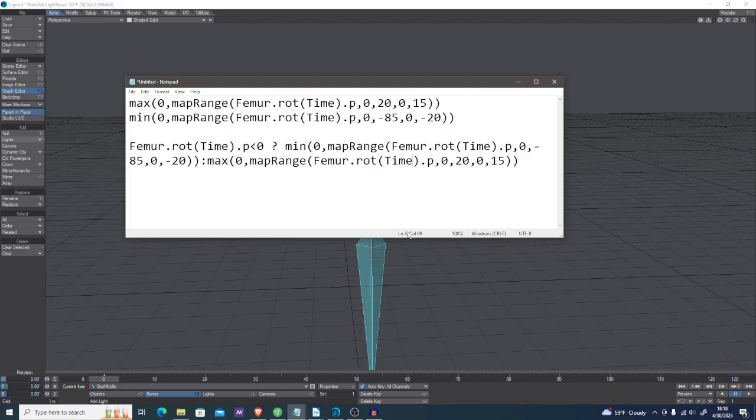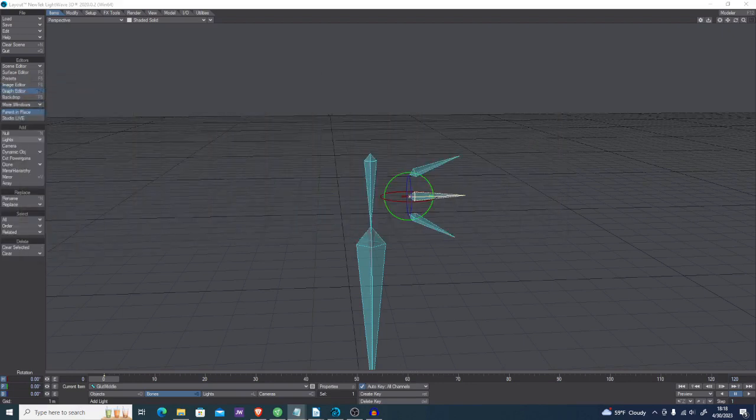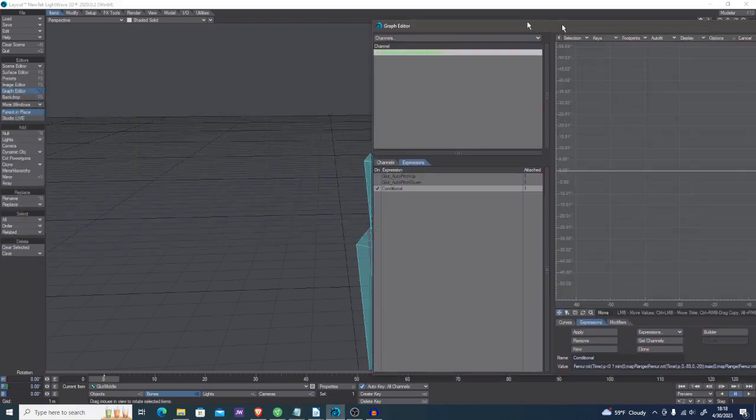Time is literally like this. It's multiplied by 1. There's an operator there. It's just that you don't see it. All of these have operators beside them. And I can apply a variable to time to manipulate time. In fact, let me show you in the graph editor.